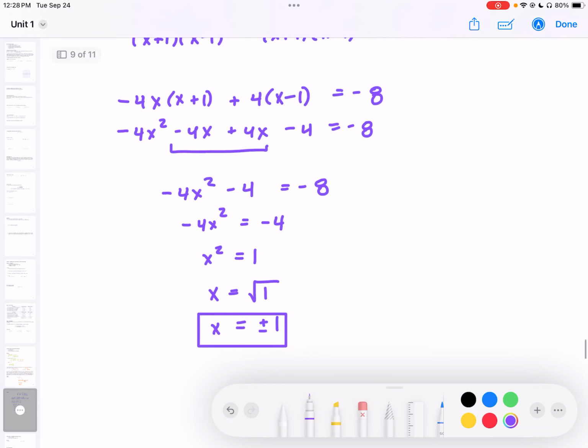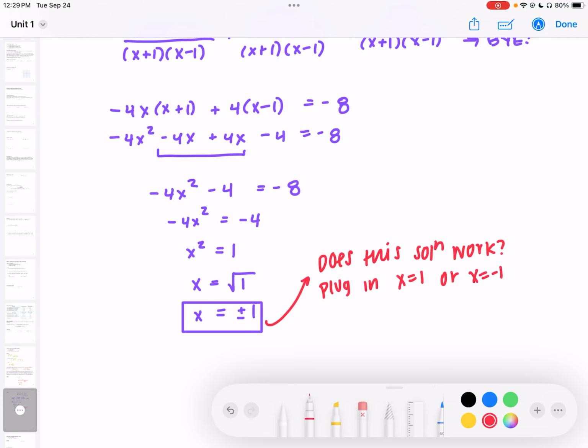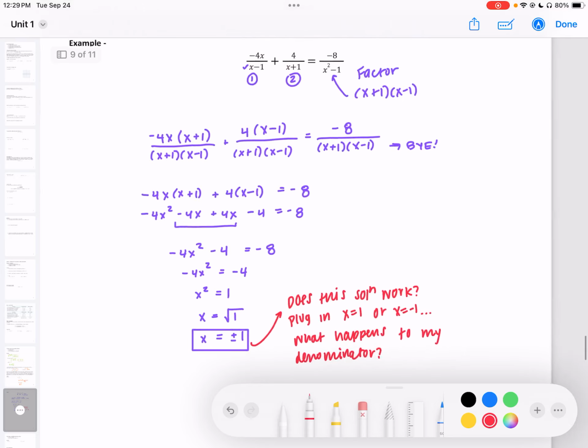Okay? Now, that is the solution to the math, but the question is, does the solution work? If I plug in x equals 1 or x equals negative 1, what happens with my denominator? You'll notice that the denominator would end up equaling 0.